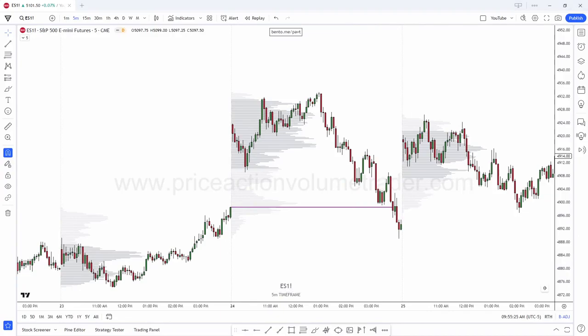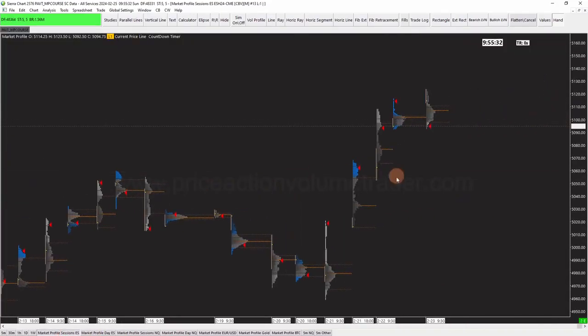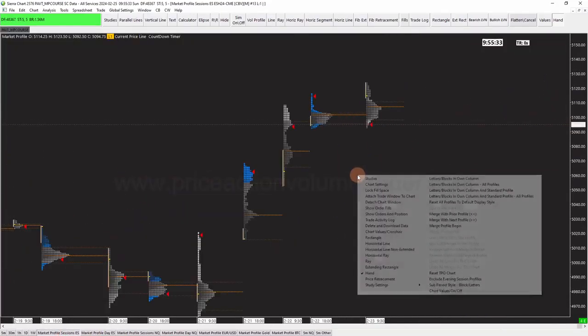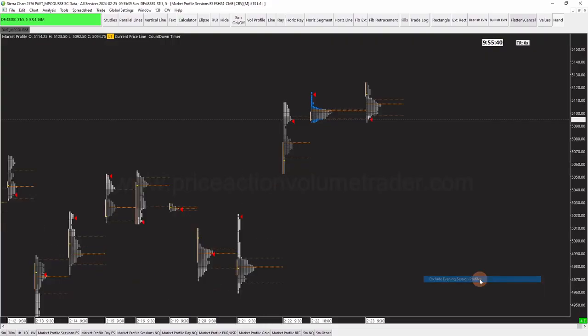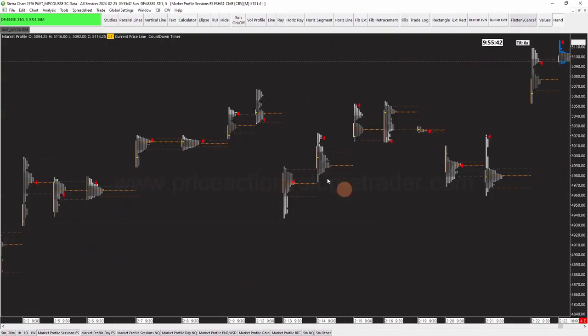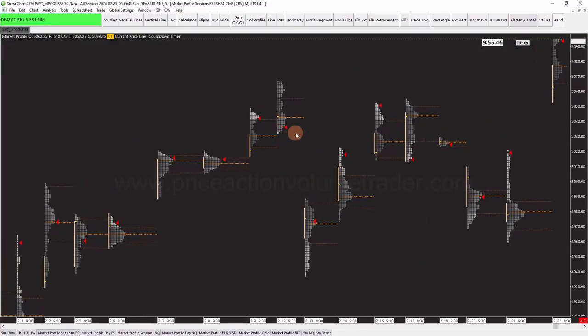And this is actually possible. If I go into Sierra Chart and I go into the market profile here, if I right click, there's an option called exclude evening session profiles. If you do that, all you're left with is the regular trading hours.